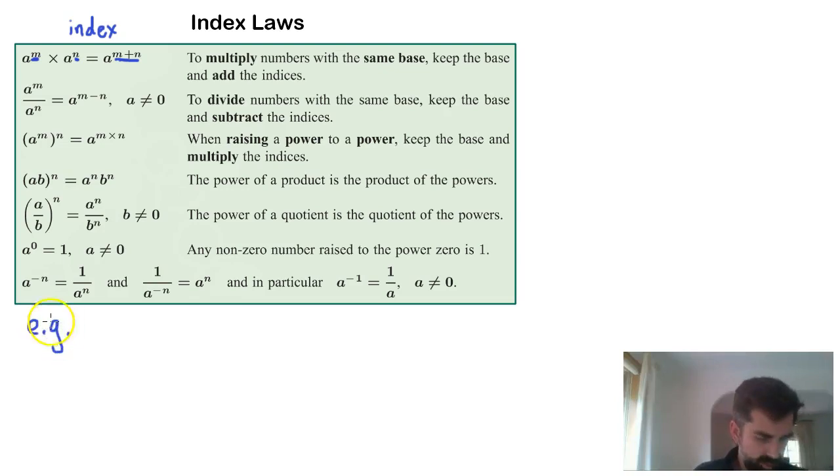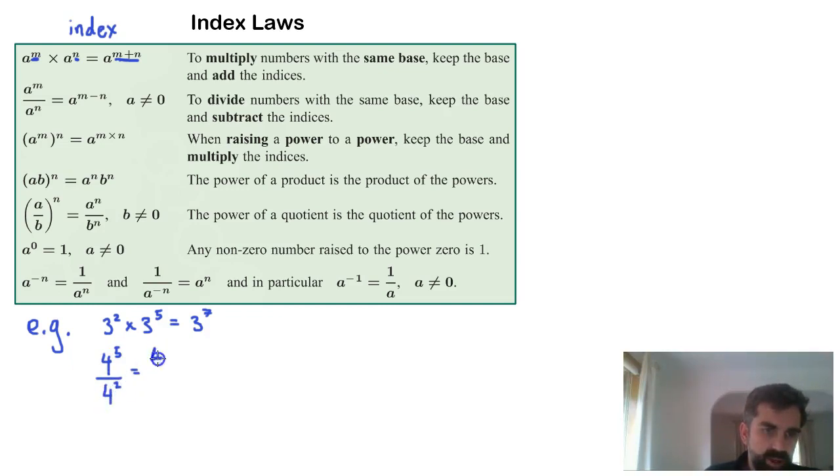So the first one says that if we've got, let's say, 3 squared times 3 to the power of 5, then we're going to add those indices, so we would get 3 to the power of 7. The second one says, let's say we had 4 to the power of 5 over 4 to the power of 2.